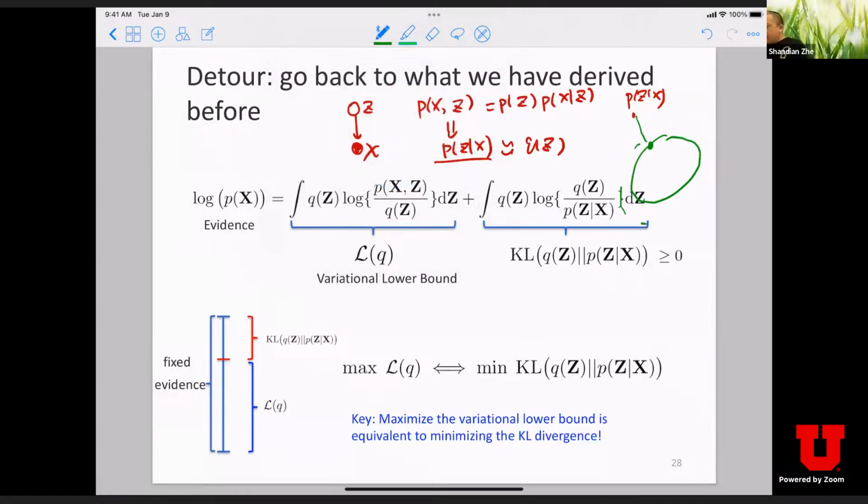So then there comes a problem. How do we measure the closeness between your approximate distribution and your true posterior? We can use the KL divergence.